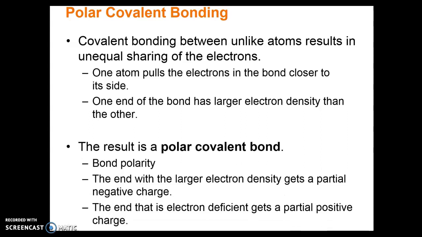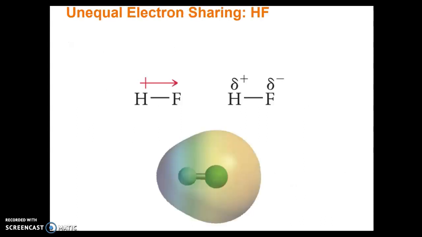And again, that's going to create some sort of polarity, which you have this partial negative charge, and then the end that has that deficient is what we call a partial positive charge. And so hopefully there's nothing new on that.